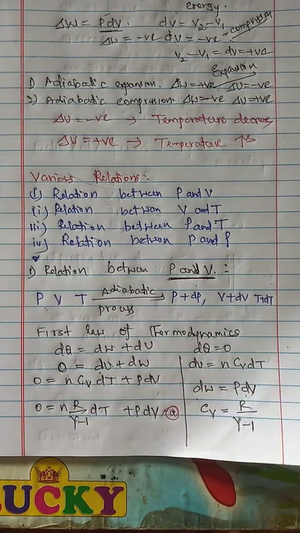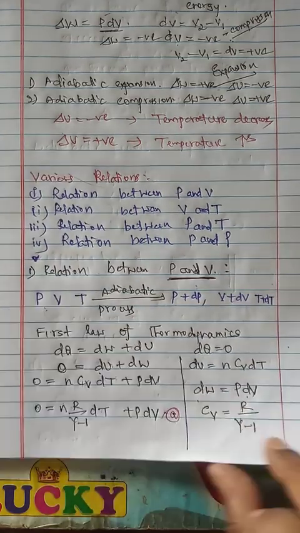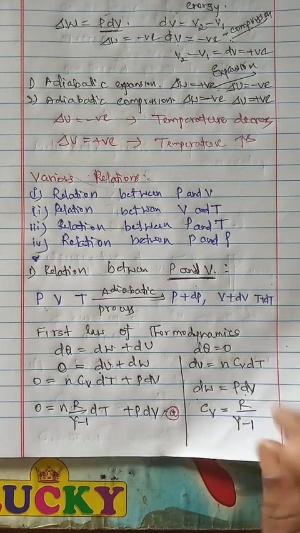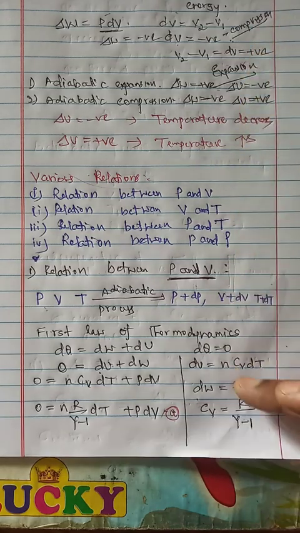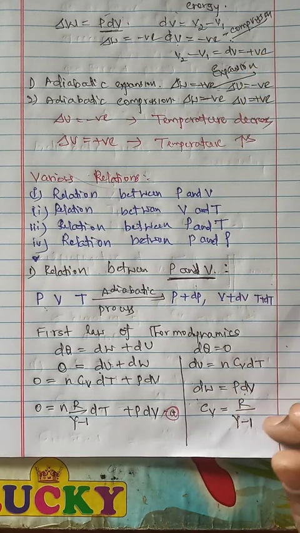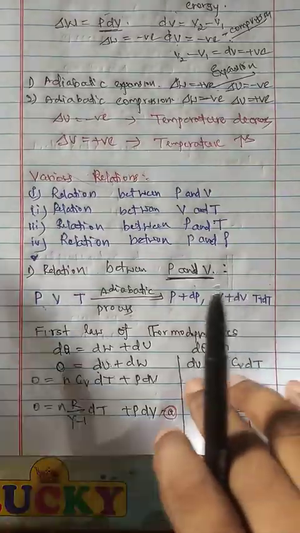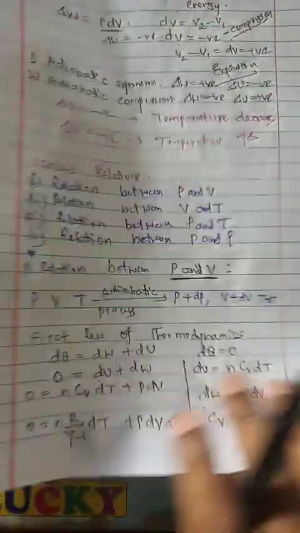Now let us go for the ideal gas next, because our duty is to get the relation between P and V. Let us go for the ideal gas equation, PV is equal to nRT, as the next step. I think, children, you have realized and understood all those things. You can go back and see this video again and again for further clarification. Okay, let me move towards the next topic.